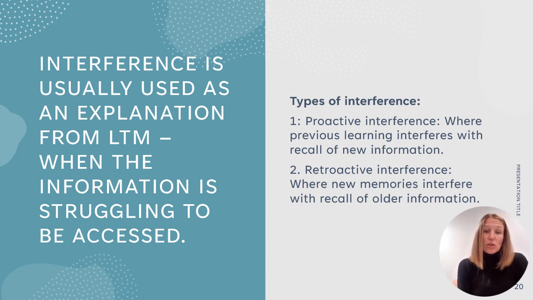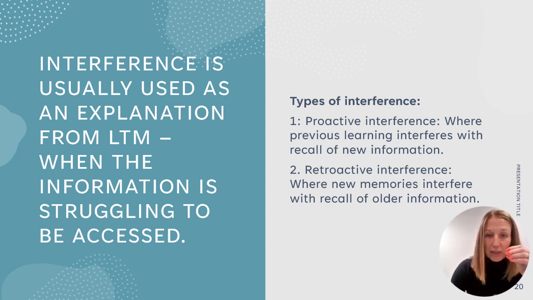Okay, so there are two types of interference that you need to be aware of. Proactive interference, where previous learning interferes with the recall of new information. I always remember that as proactive and previous, so the two P's, because again, it's similar to the serial position curve, where you've got two quite similar things there.